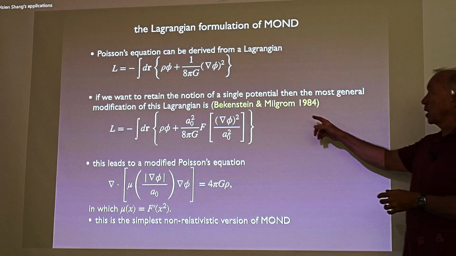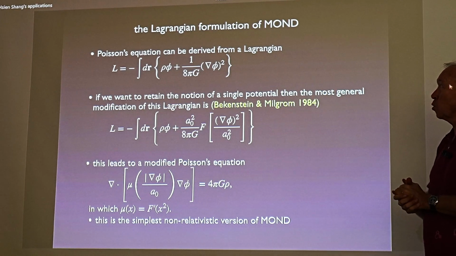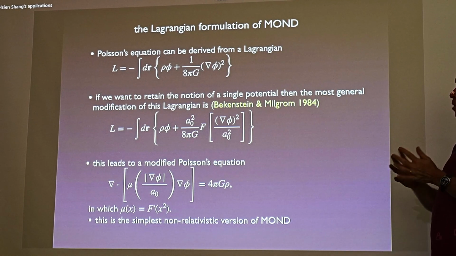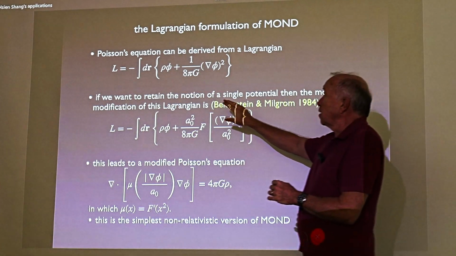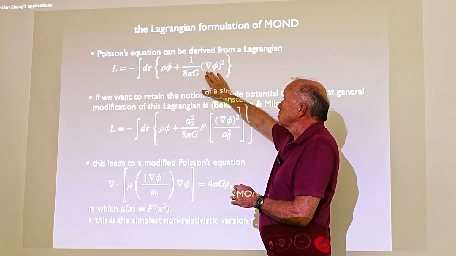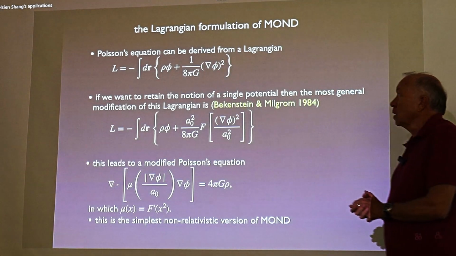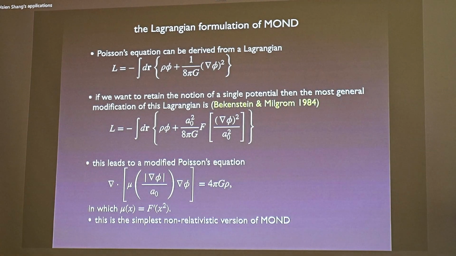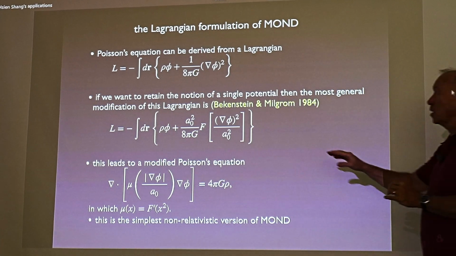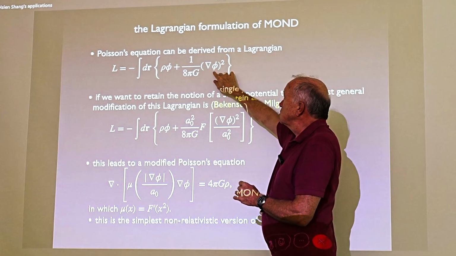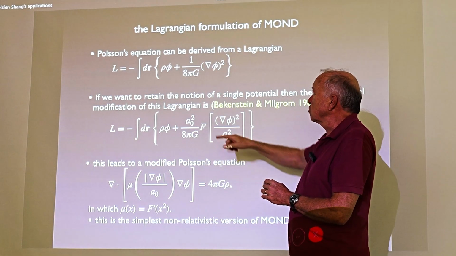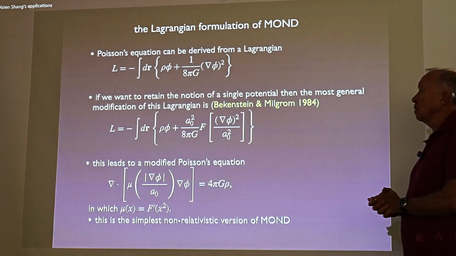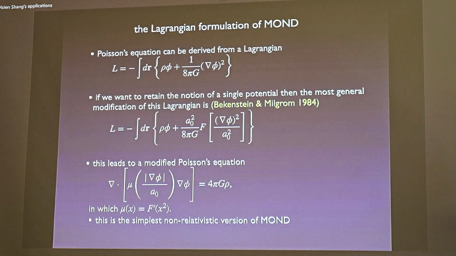comes from a paper from Bekenstein and Milgrom in 1984. Poisson's equation relating the gravitational potential and the density can be derived from a Lagrangian that looks like this. If you want to have a single potential rather than multiple potentials, then the most general modification of this is to replace the grad phi squared by a nonlinear function of grad phi squared to get a Lagrangian looking like that.